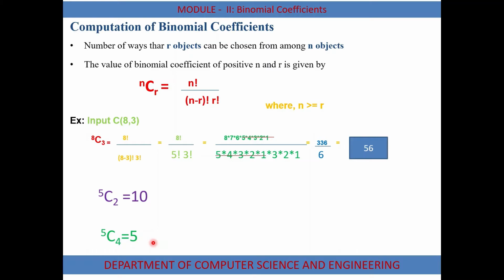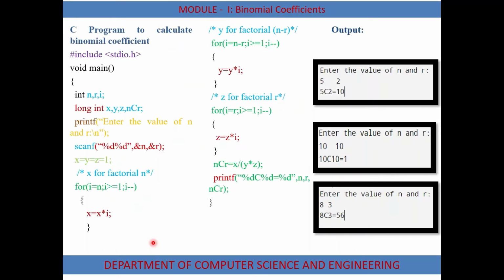Let's see the program for this. This is a C program to calculate the binomial coefficient. It starts with the header file stdio.h to support input and output statements, then the main function, then we'll declare the variables.